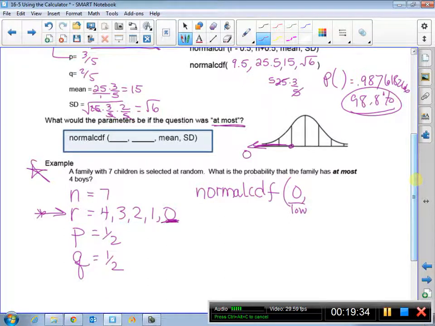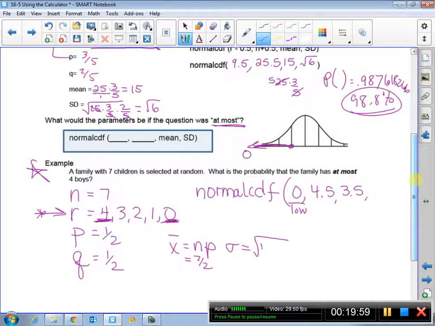There's 0. So we're going to sort of flip this around. We're still going to add 0.5 to this one, so 4.5. The mean is still N times P, so 7 times a half. I'm just going to go with 7 halves there, or 3.5.